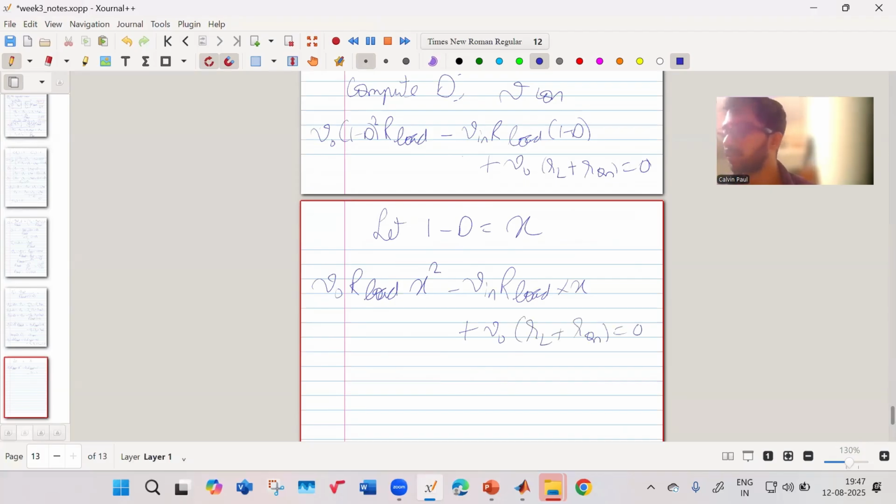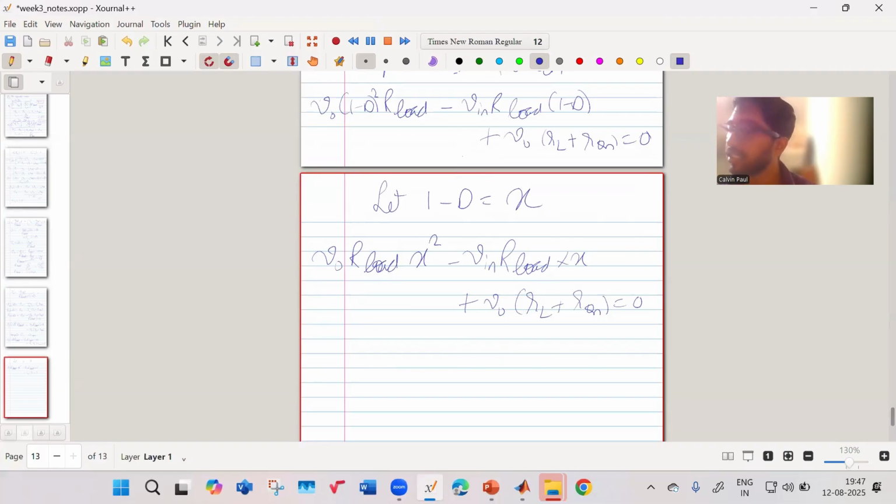This is equal to 0. This is like AX squared plus BX plus C is equal to 0. When you solve this, you will get some value of X. These are the roots of the equation. And X is equal to 1 minus D.